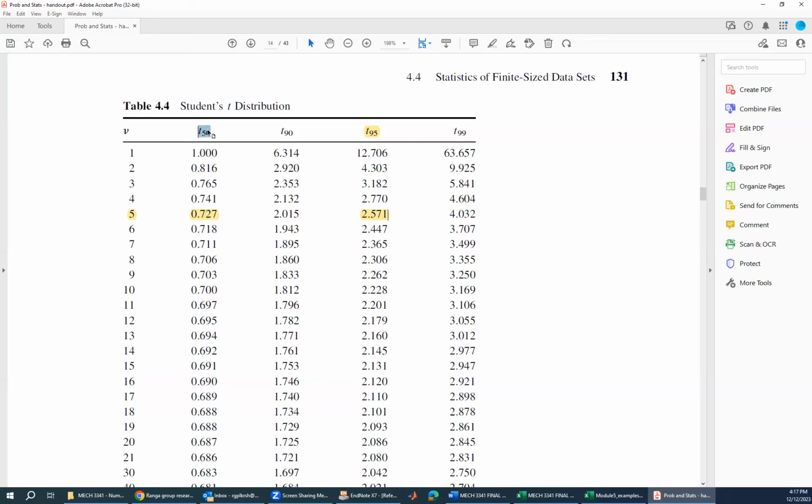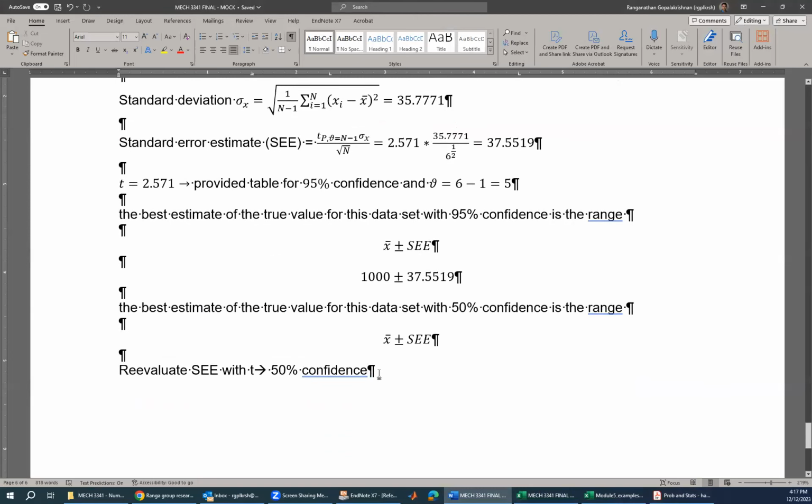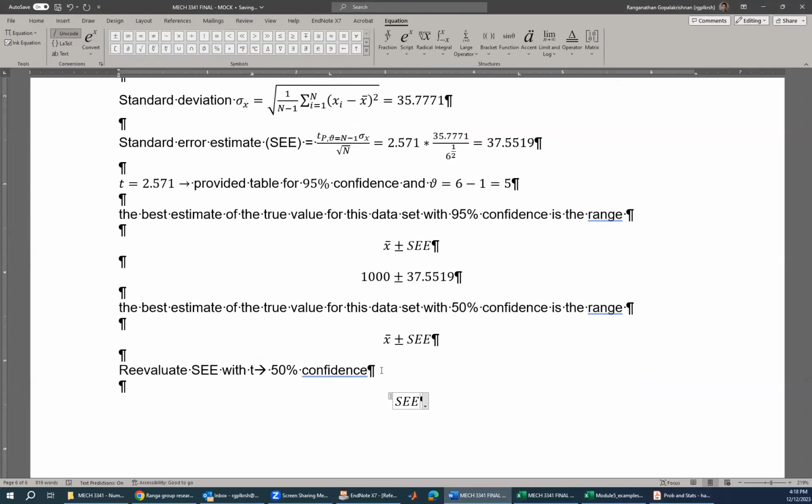0.727. Okay, so you have to go back here, and the standard error estimate will now be 0.727 with the remaining things being the same, 35.7771 divided by 6 power half.